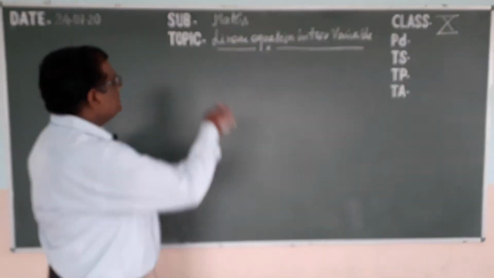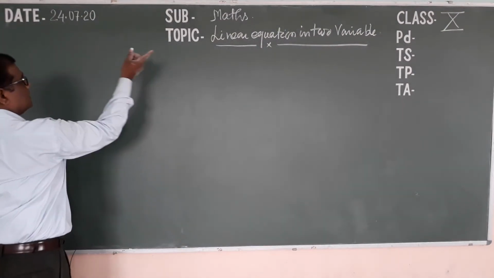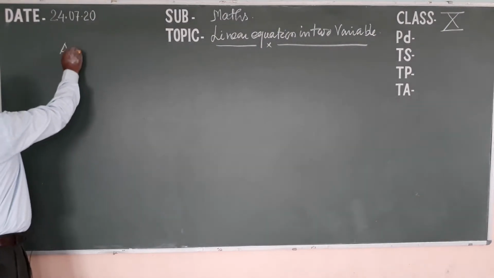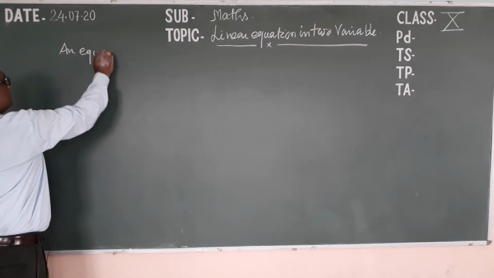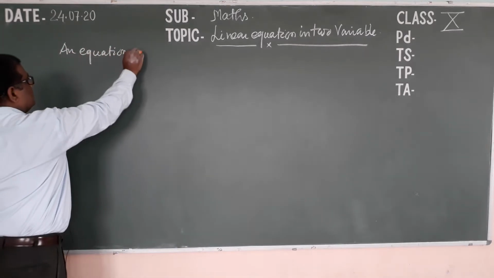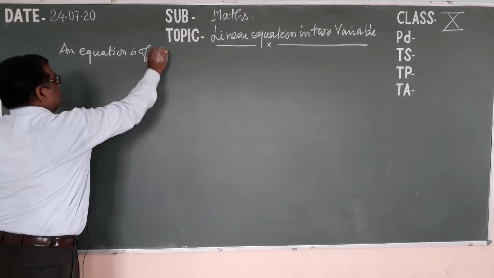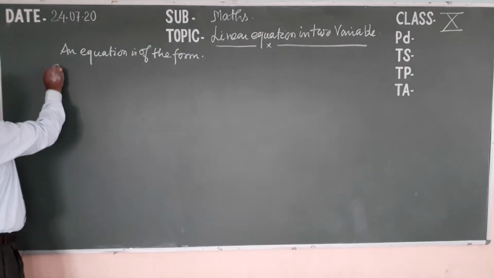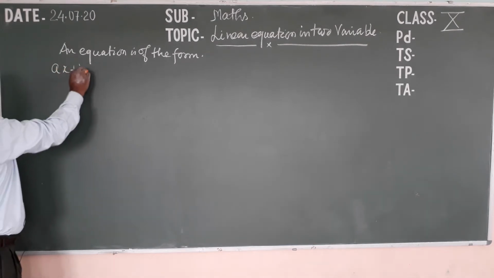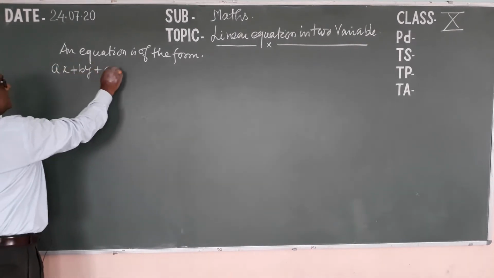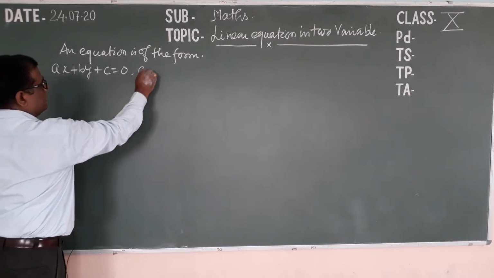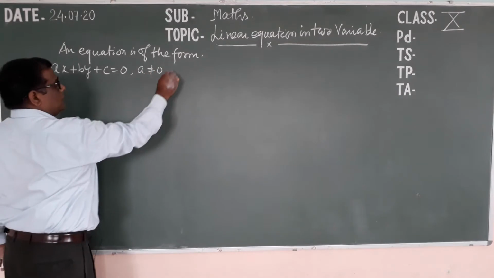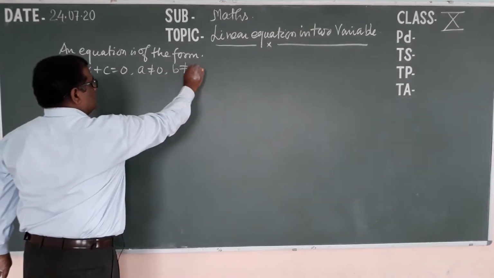First of all, write this: an equation of the form ax plus by plus c is equal to 0, where a is not equal to 0 and b is not equal to 0.